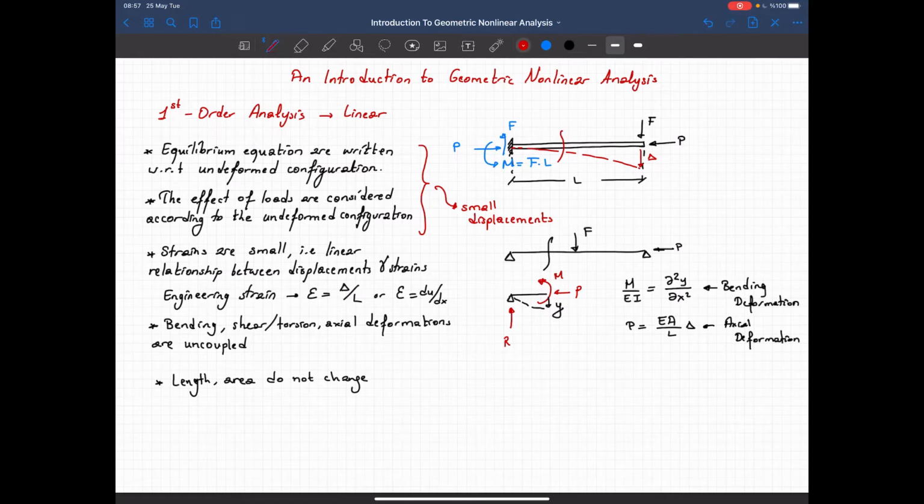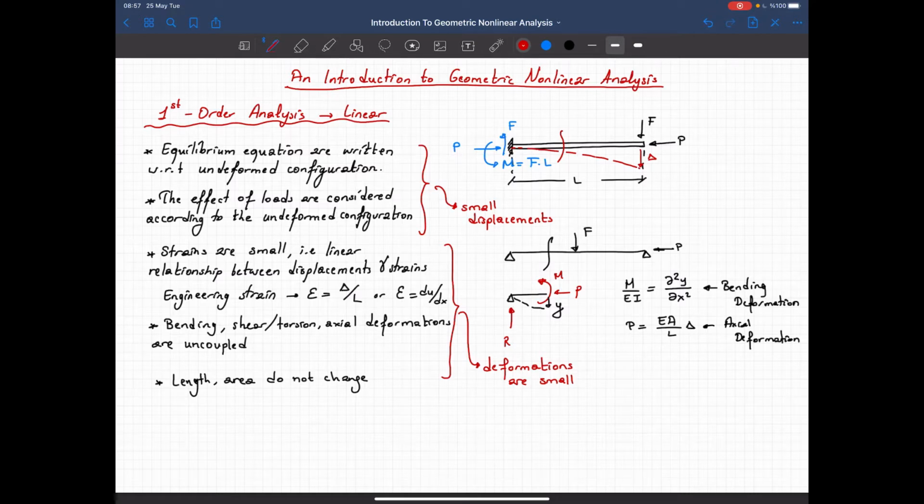So here, what we are assuming is deformations are small. So with these assumptions, we were able to perform a first order analysis, a linear analysis, and those assumptions really simplified our solution.